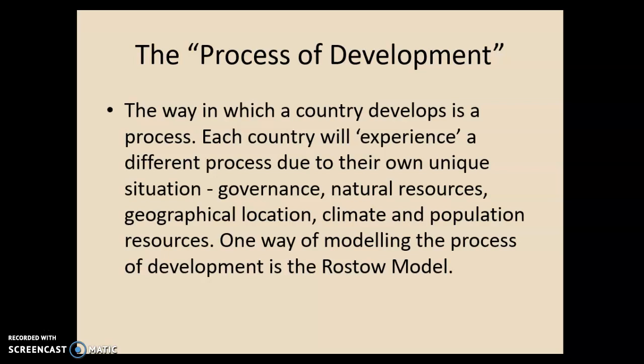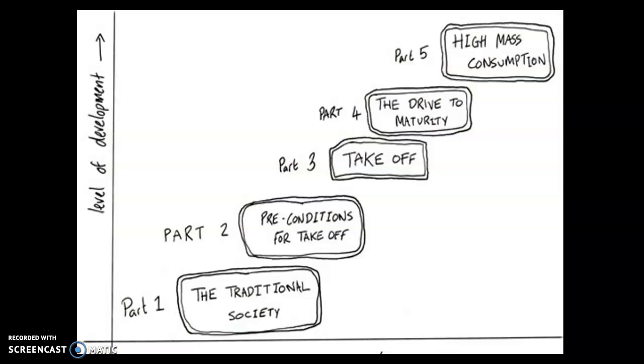And one way that we show the process of development is this thing called the Rostow Model. Now, Rostow said that countries go through 5 stages of development. And critically, it assumes that what countries want to do is achieve high mass consumption, which is part 5.